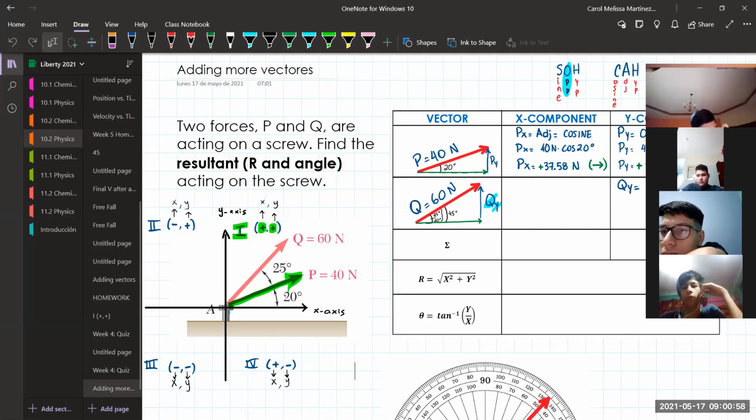It is opposite, therefore you're going to be using sine. So you say Qy is going to be equal to 60 Newton times the sine of the angle, which is 45. How much is Qy?